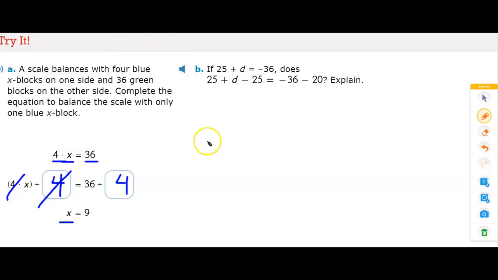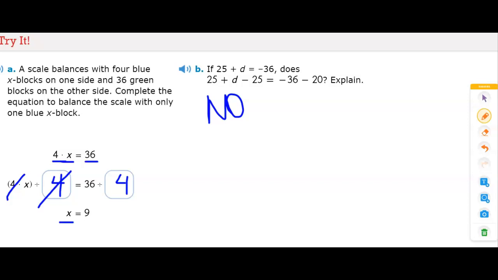Part B. If 25 plus D equals negative 36, does 25 plus D minus 25 equal negative 36 minus 20? Explain. The answer here would definitely be a no. Okay, so this is no because remember we have to use the same thing on both sides of the equation.